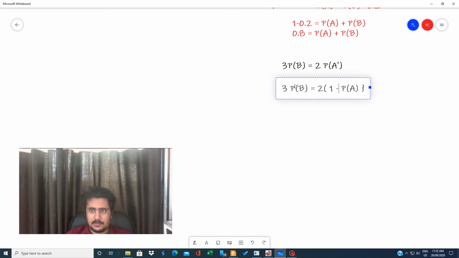Let's put a curly bracket. Now 3P of B is equal to 2 minus 2P of A. So P of B is equal to (2 minus 2P of A) upon 3.